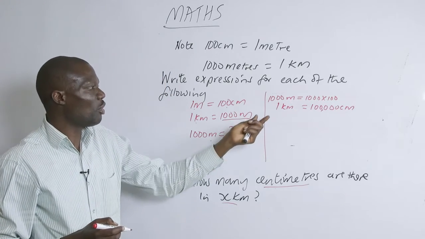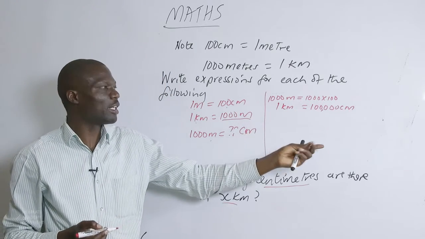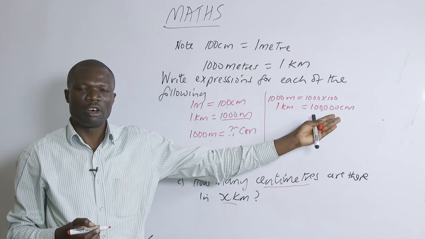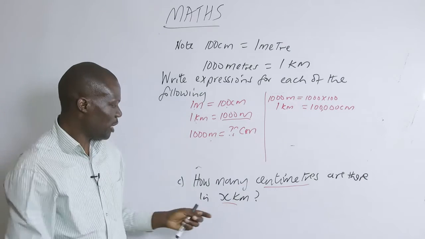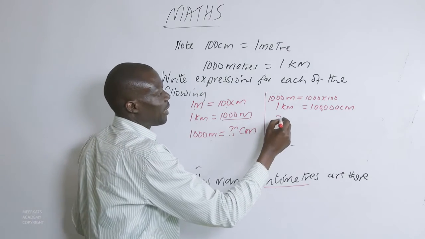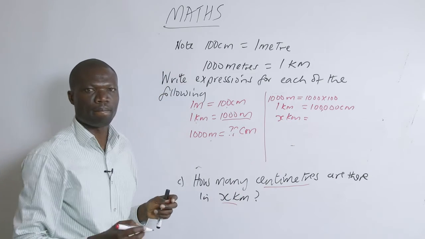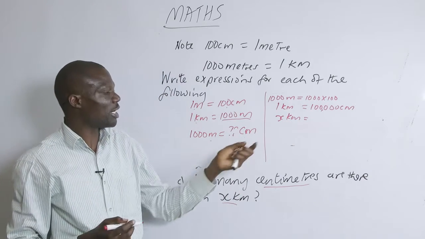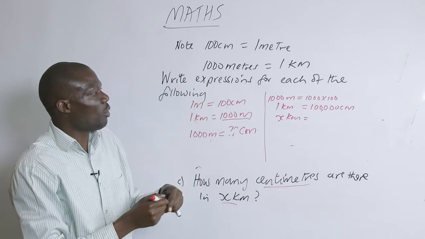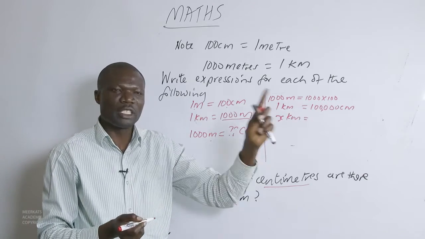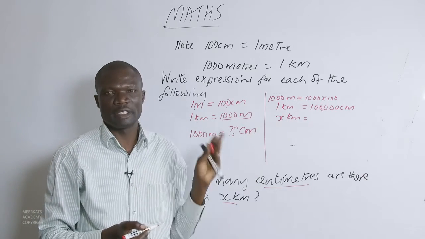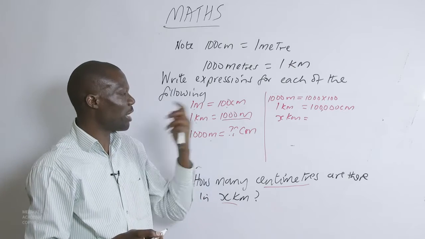Now that we have 1 kilometer represented in centimeters, we come to the question, how about x kilometers? For x kilometers, it will be simply 100,000 multiplied by x divided by 1.